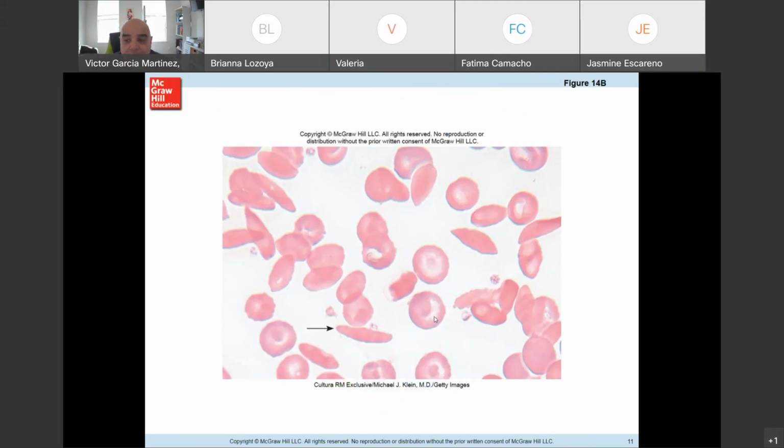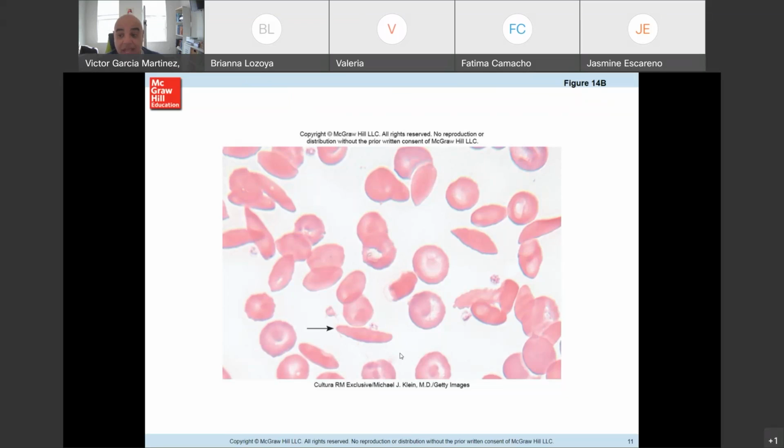Guys, sometimes we have red blood cells with different shape. If we have some diseases such as thalassemia or sickle cell anemia, those conditions have different shape for the erythrocytes, the red blood cell. Then instead of being rounded, you cannot transport oxygen here.